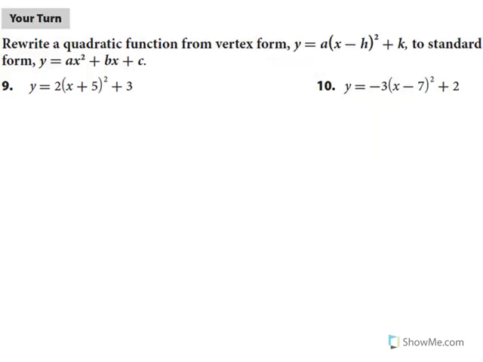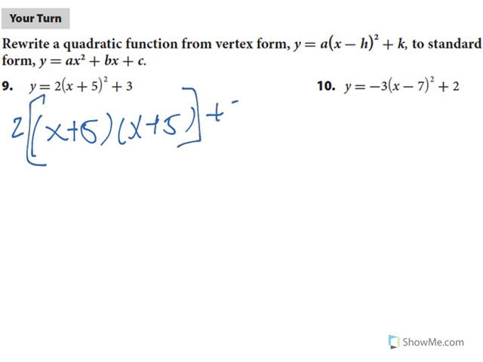Okay, so let's go through some of our examples. So we write a quadratic function from the vertex form to standard form. Okay, so this is 2. So then expand this out. So then give us x plus 5 times x plus 5. Okay, make sure that this stays as a group, and then plus 3 on the outside. So do FOIL with this.